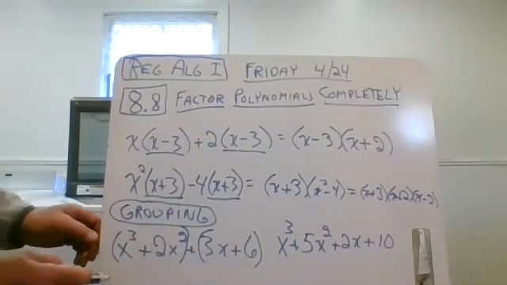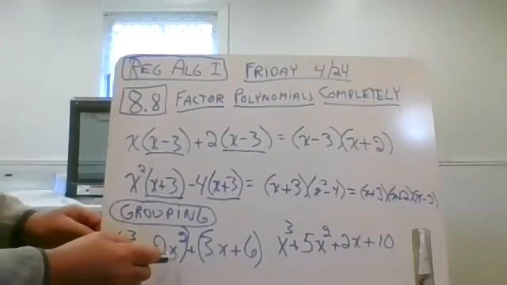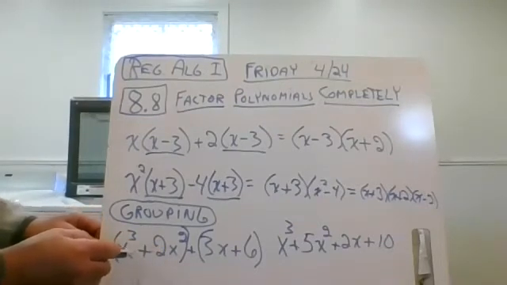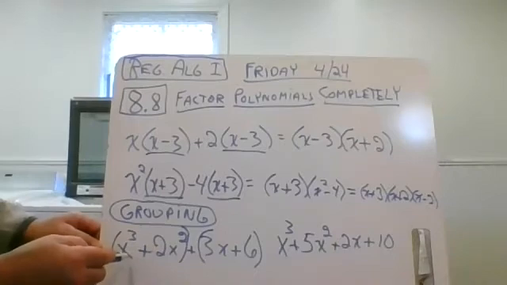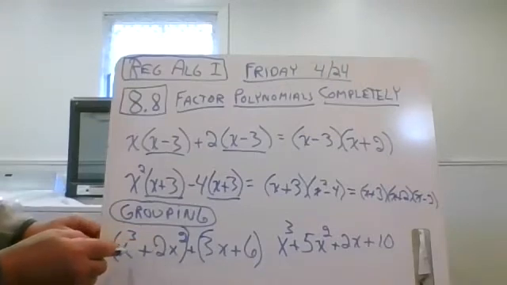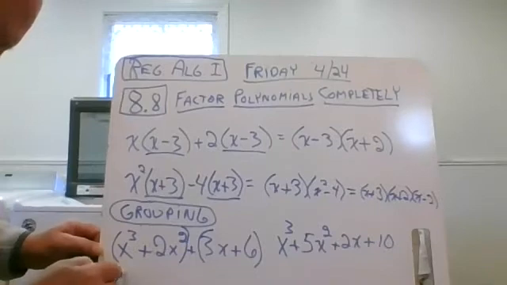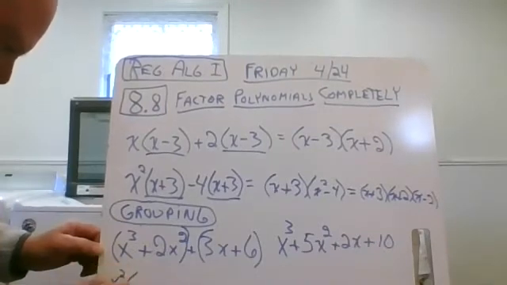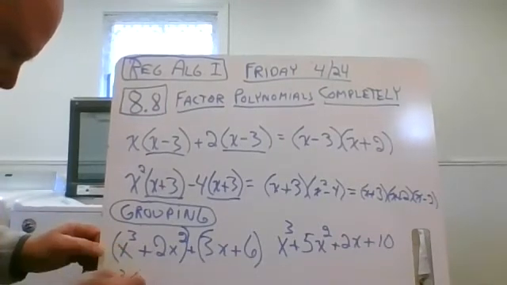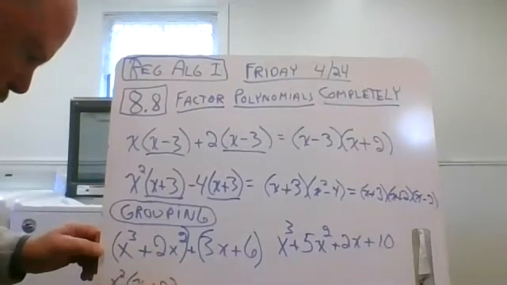And now what we do is take the first 2 and factor it. And you can see you have x cubed plus 2x squared. The x squared is the greatest common factor. So you take an x squared out, you're going to be left with an x plus a 2.